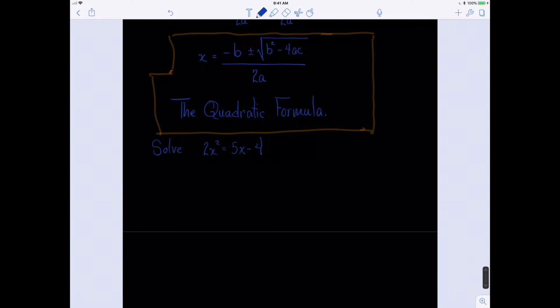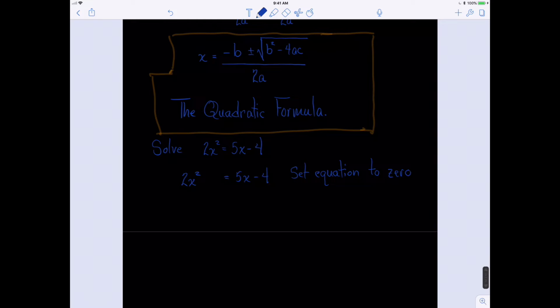Here's how we can do that. I'm going to write it as 2x squared, leave a space, 5x minus 4. And then I'll note that I set the equation to 0.